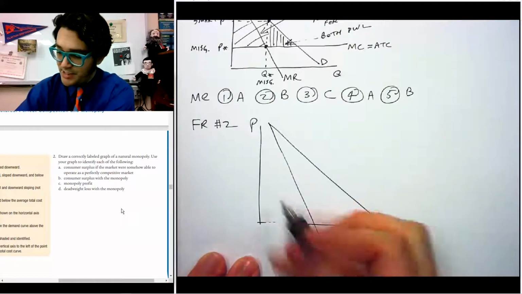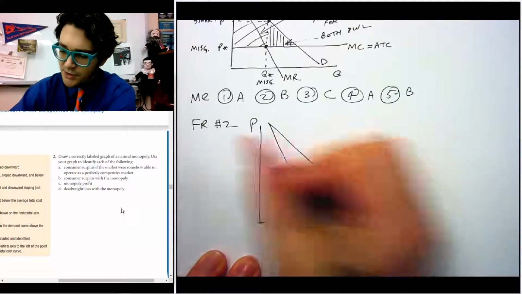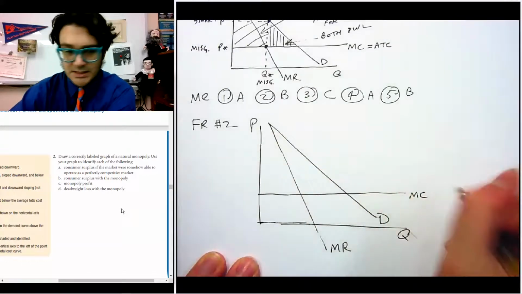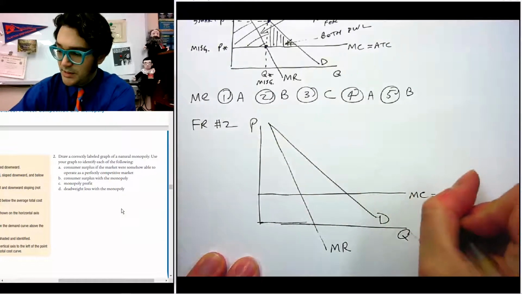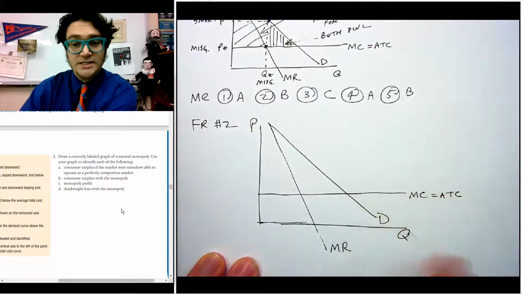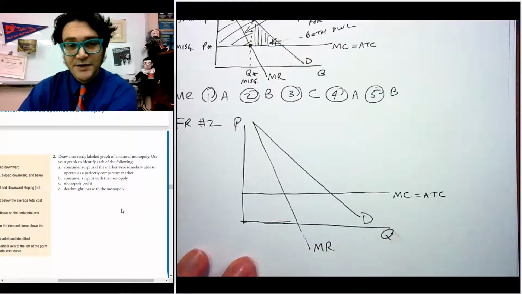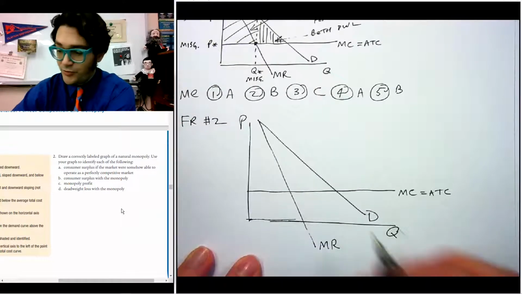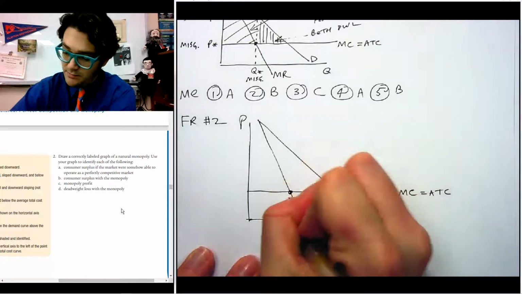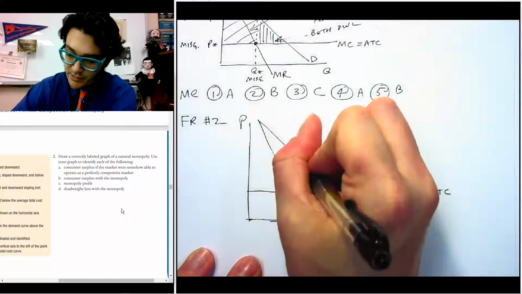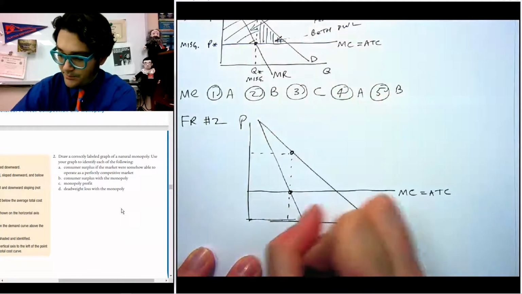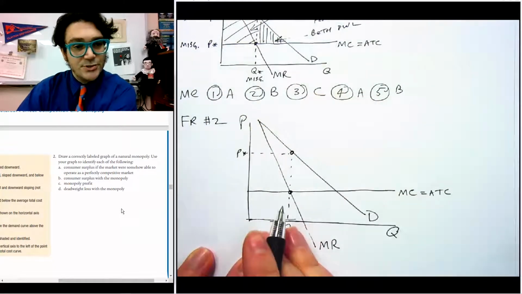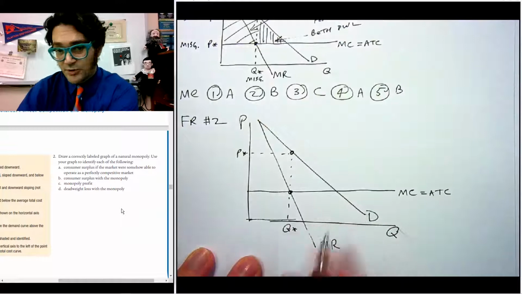Now, it's a natural monopoly, so the easiest way to do this is to draw a straight line and say marginal cost. I'm just going to get lazy and say marginal cost equals the ATC and that they don't have any other costs aside from that. So they are going to produce where MR equals MC here. Q star, P star.